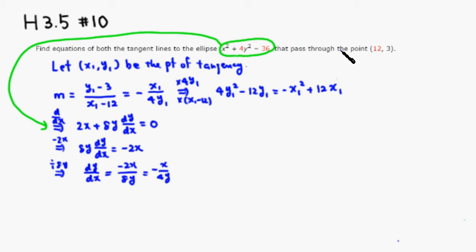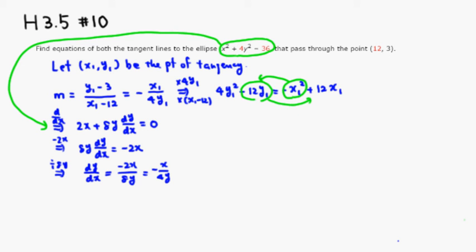Then what we can do is move this term over to the other side and that term to this side.